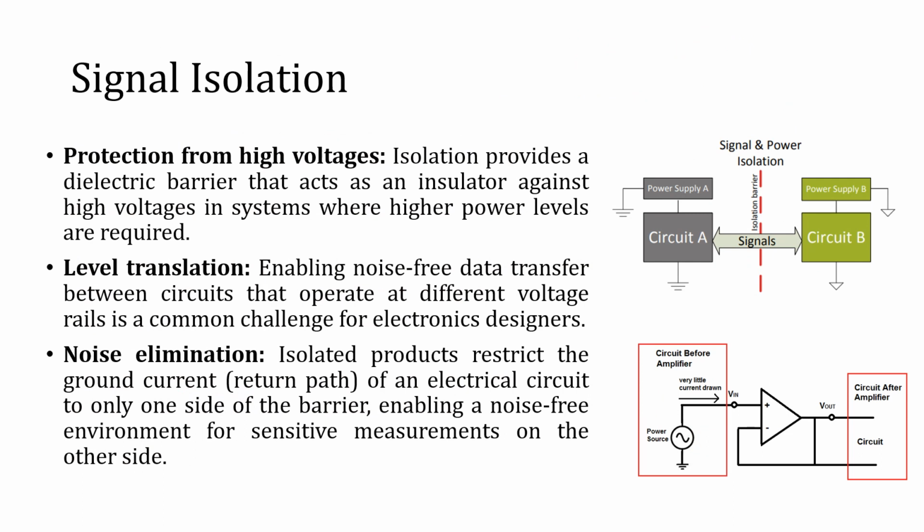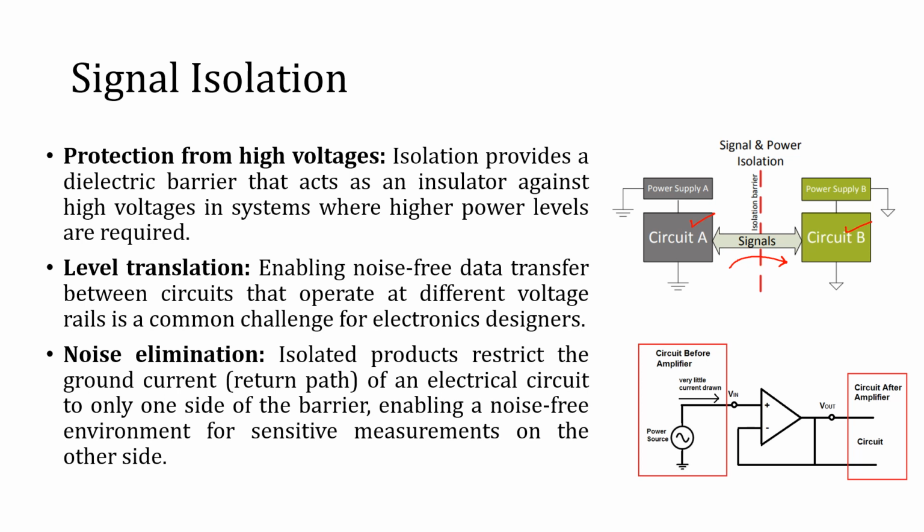This is another example of signal isolation that I have already told you about. Let's say there is a circuit A and a circuit B, and to avoid any kind of noise between these two circuits, we have to go for signal isolation, which is sometimes also called power isolation.